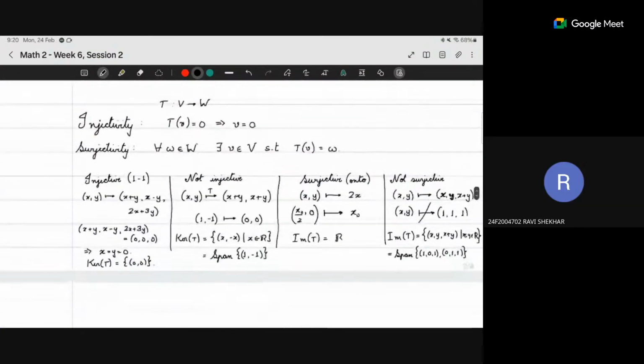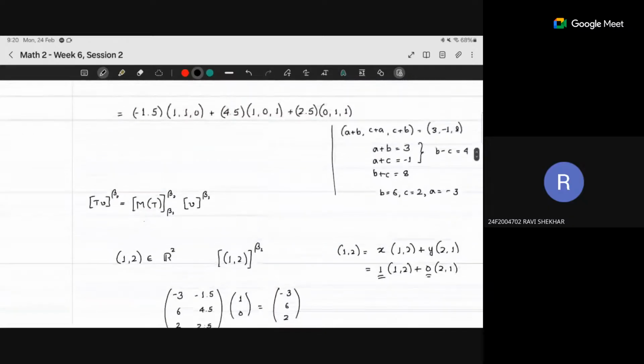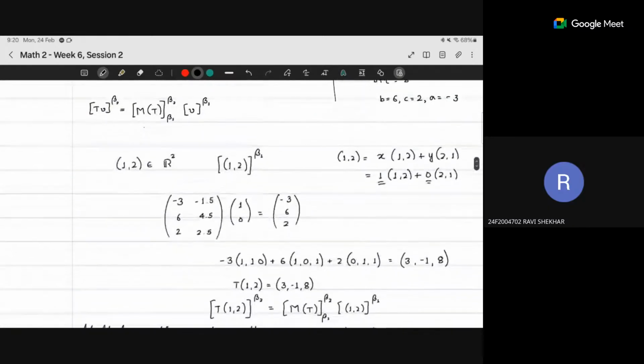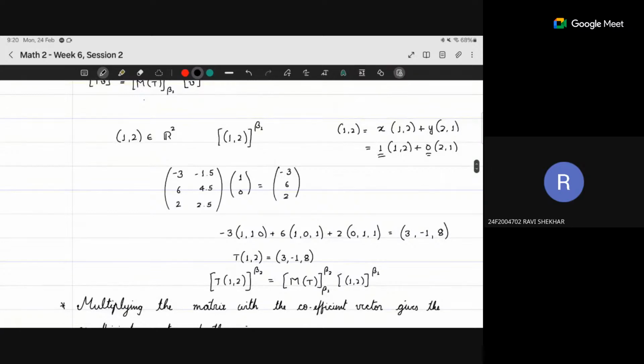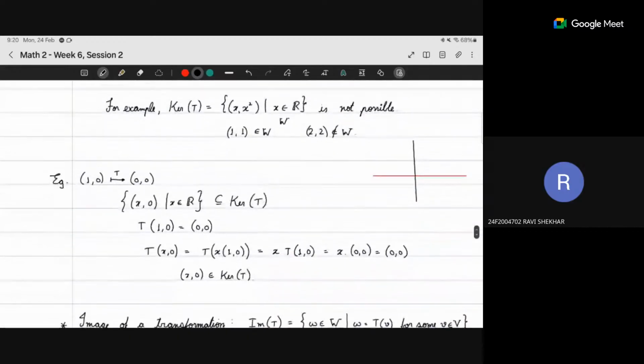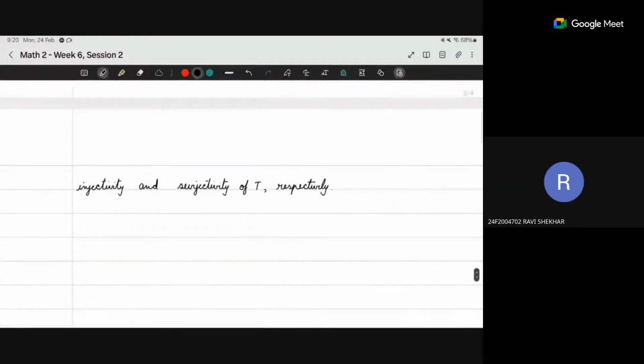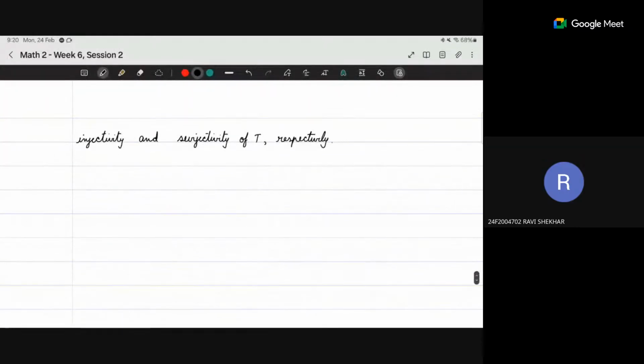When we were discussing the matrix of the transformation, we said that linear transformations are in one-to-one correspondence with matrices. So whatever you learn about transformations, a good question to ask is what the corresponding statement is in the language of the matrix. Let us see what kernel and image are in terms of the matrix.